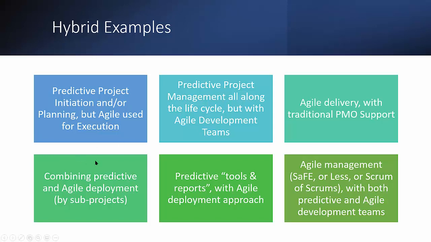Right? Another approach could be combining a predictive approach with agile approaches by sub-projects. You have your whole project and some sub-projects are run in a traditional predictive way. Other sub-projects are run using Scrum or Kanban.